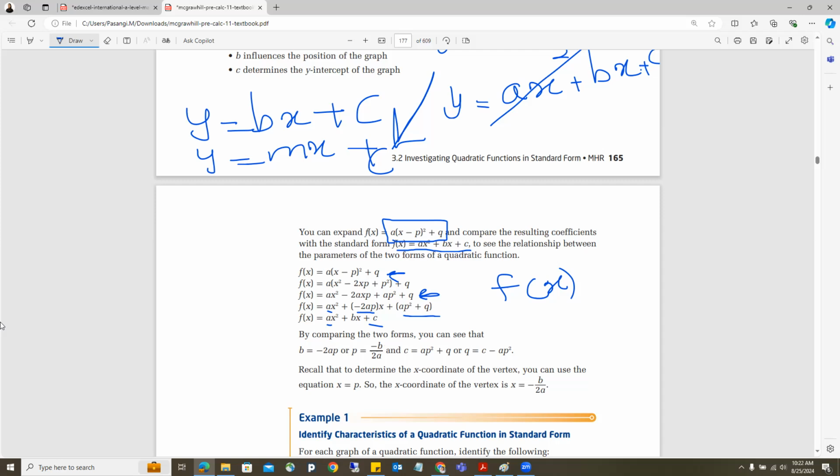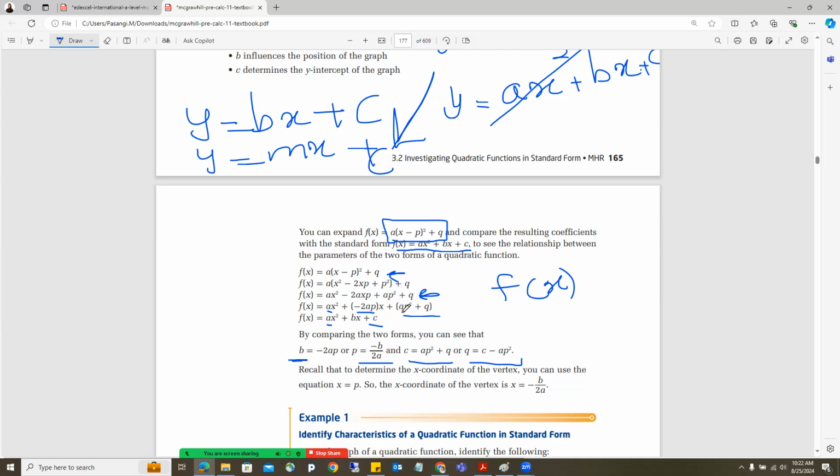The best thing is to get the logic, then you can do any kind of problem. From the standard form we have b equal to minus 2ap in the vertex form, then the p value, and c, and then we get the expression for the q value as well.